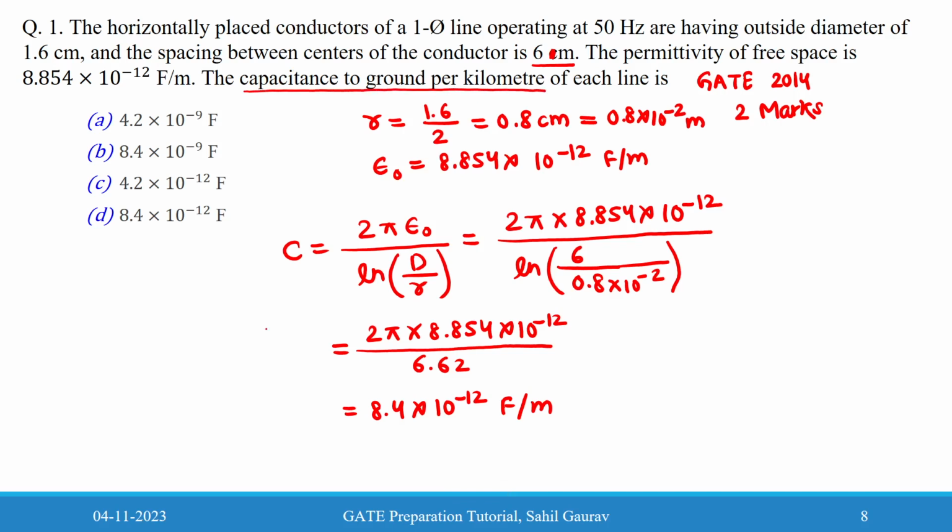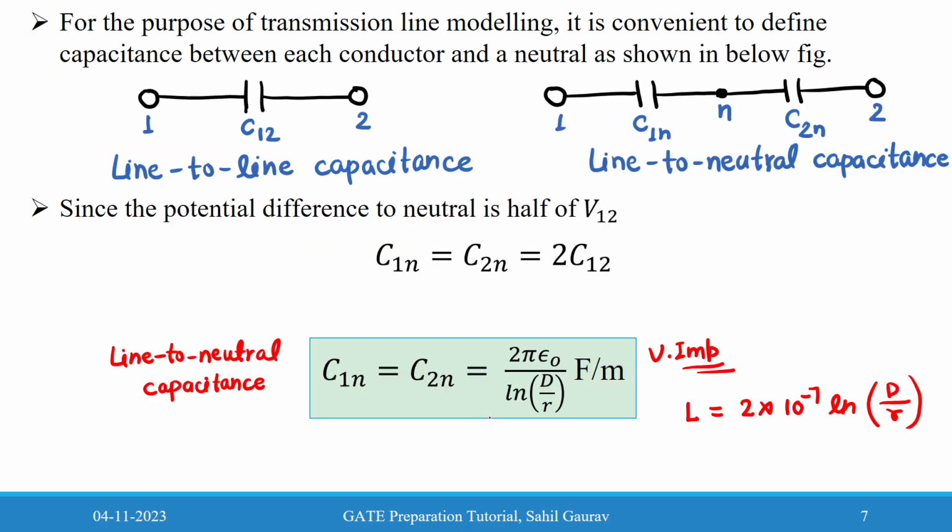Sir, in the formula it is only pi epsilon divided by the logarithm of d by r, but in the question you put 2 pi. In the previous slide, the capacitance formula was pi epsilon.